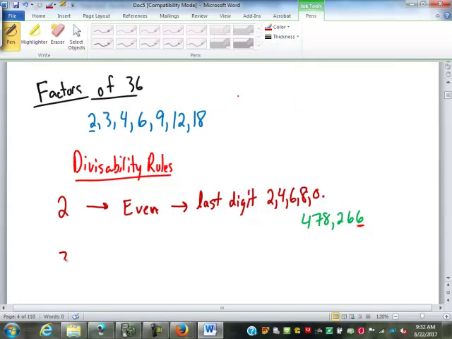Does anybody know the divisibility rule for 3? It's the sum of the digits.